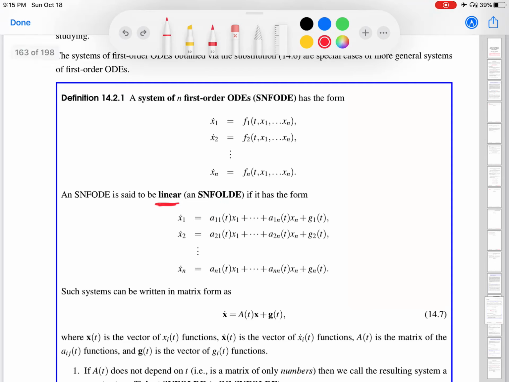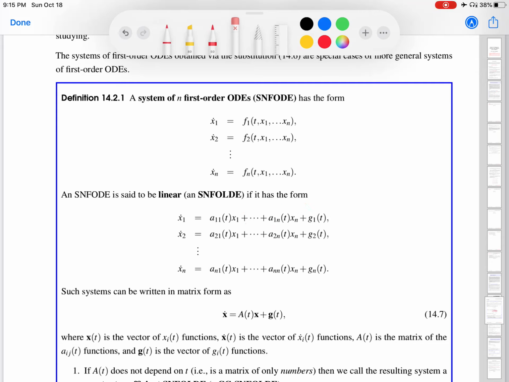If the right-hand sides, these F's, take on a very simple form, namely a linear form. So there's some function of t times x1 plus maybe things that look kind of like it all the way down to some function of t times xn, and then plus something that does not have any x's in it.